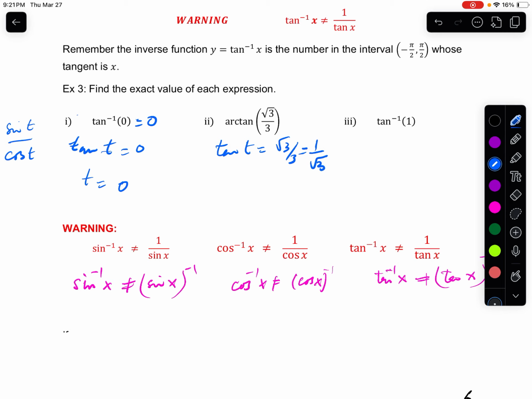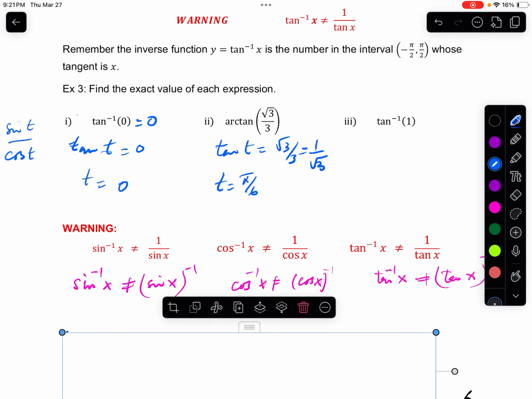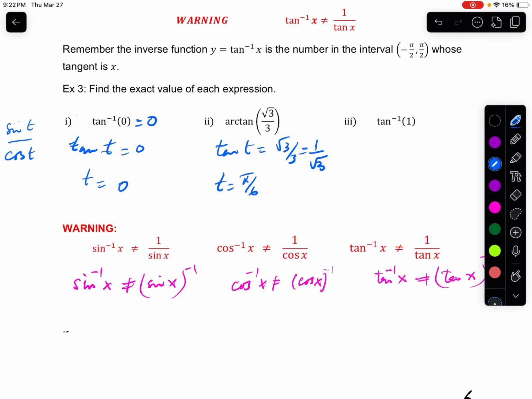We want t to be in the interval negative pi over 2 to pi over 2, not including the endpoints. So this will happen at t equal pi over 6. No, it will happen at pi over 3.